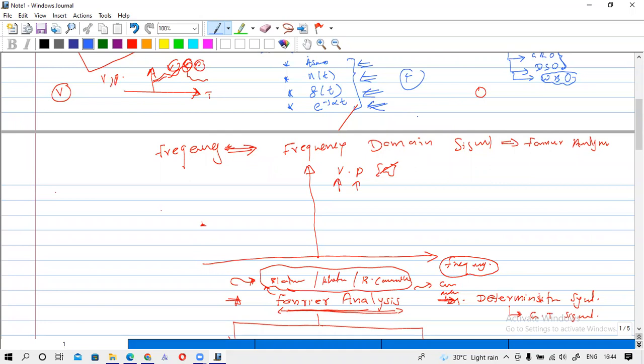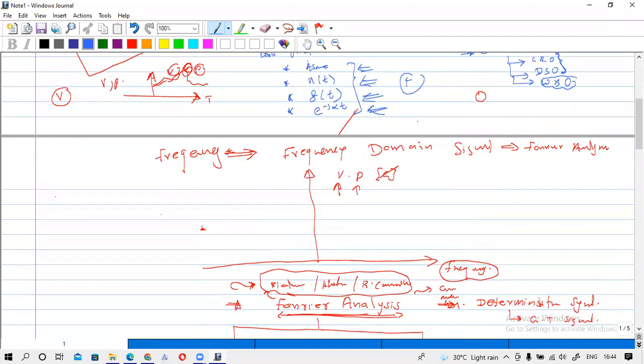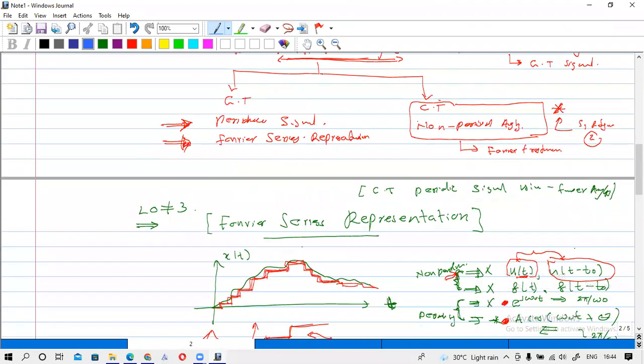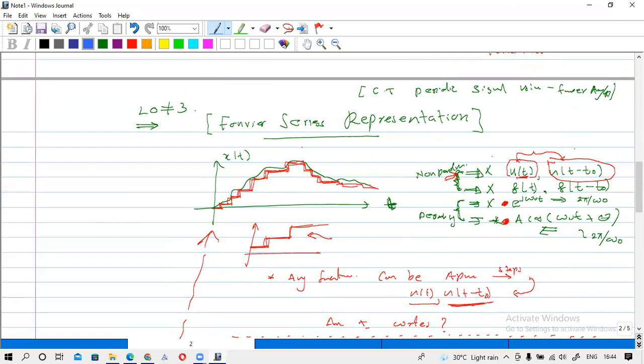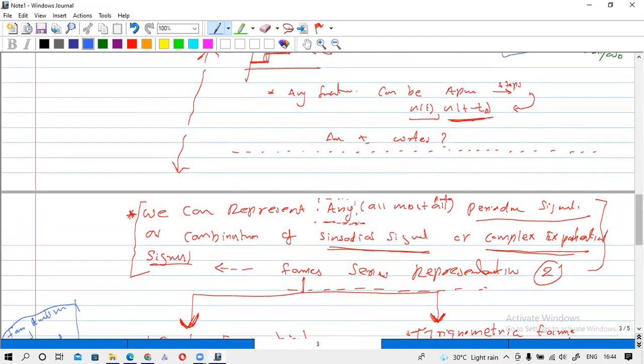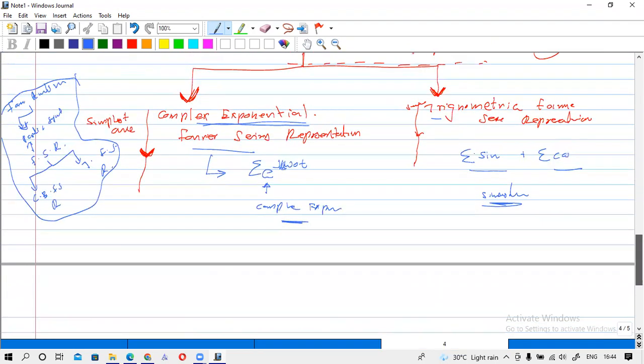So tell me, just now I told you. When I explained this for the signal, I told you what the common property is. What is the common property?